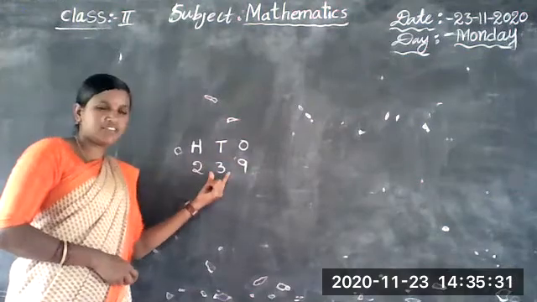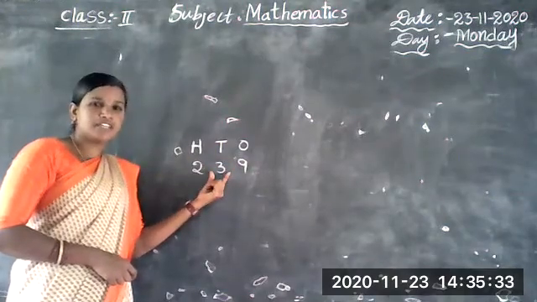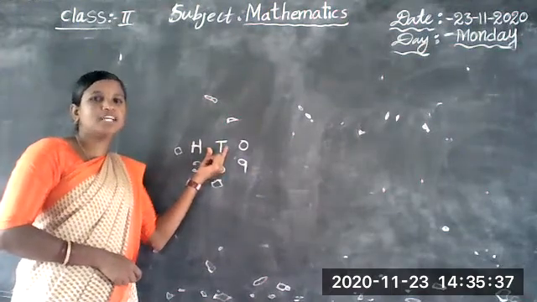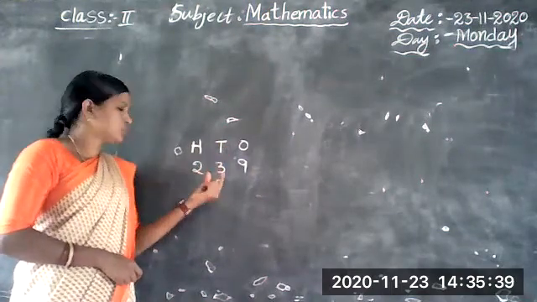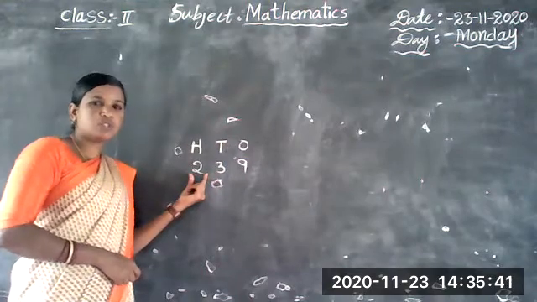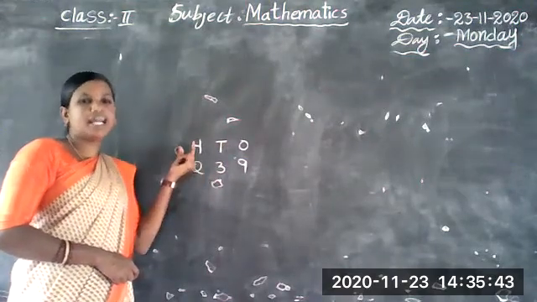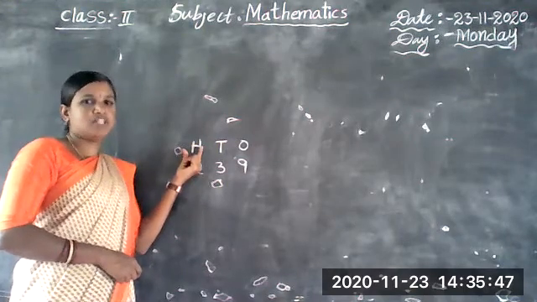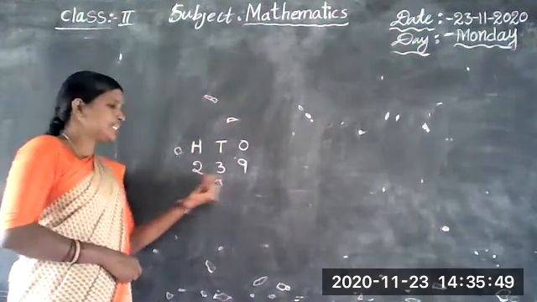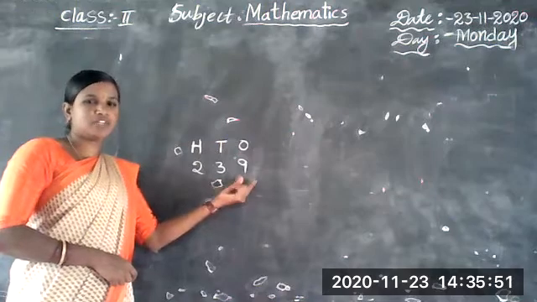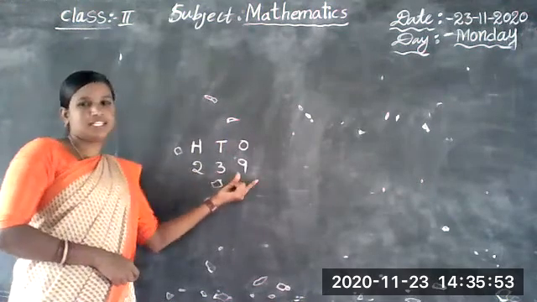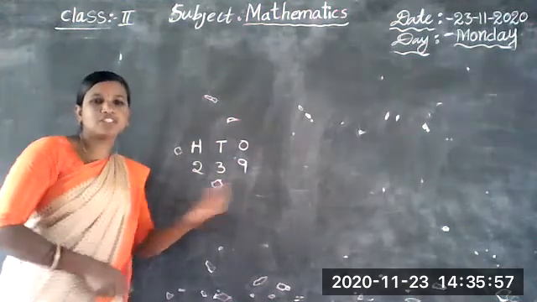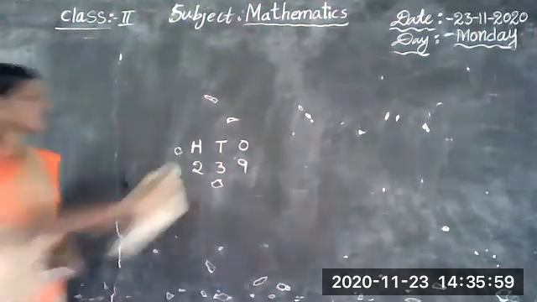Next, the second one is 3. 3 is the tens place. Next, 2 is the hundreds place. So now we are reading 239. How to read? 239. In the previous class we learned this. Today also that continues.